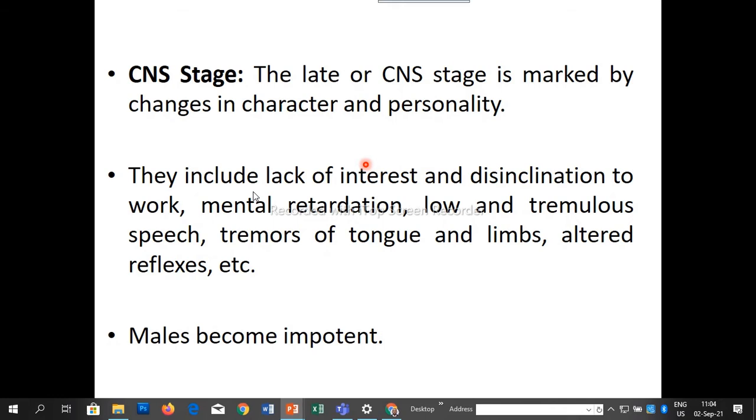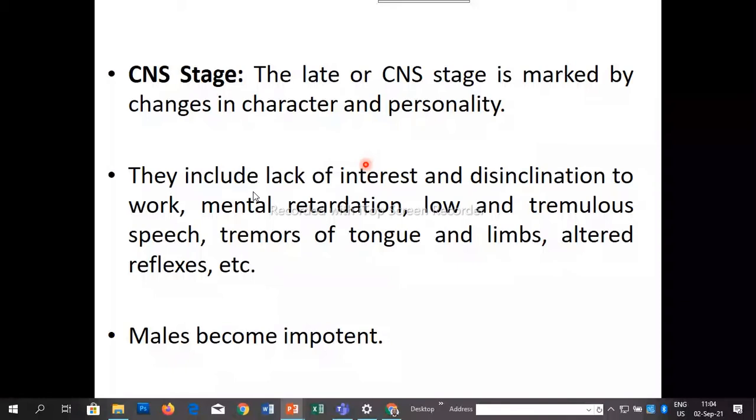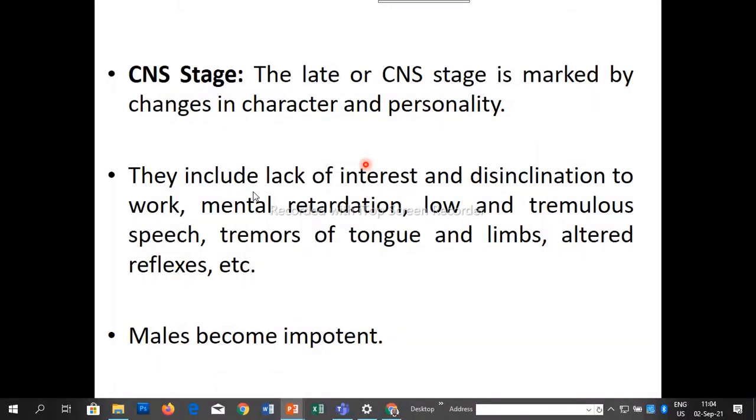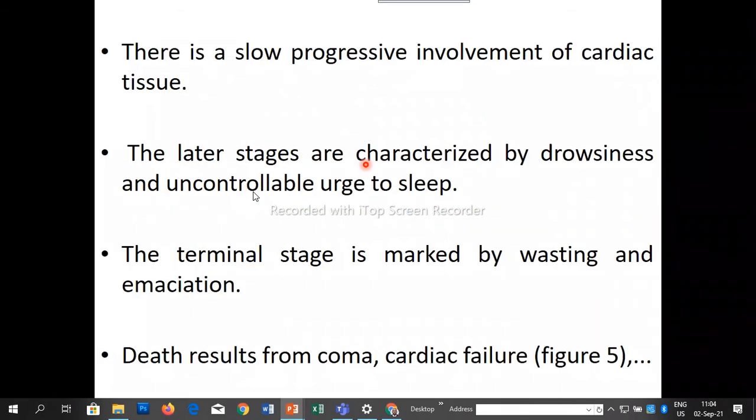Mental retardation, low and tremulous speech, tremors of the tongue and limbs, altered reflexes, malaise, may become impotent. You lose sexual activity, and once it progresses, you start having those signs of sleeping.